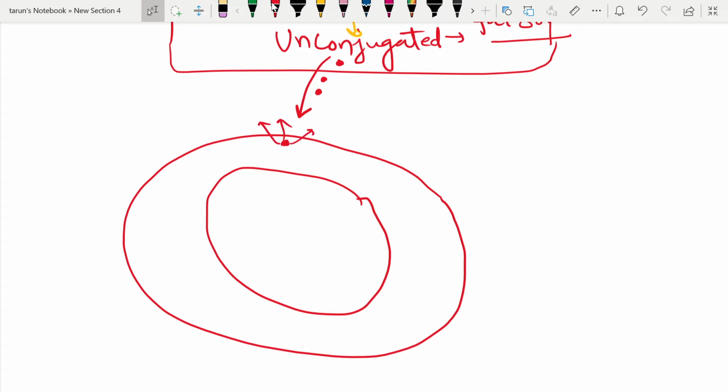So it has to be captured by albumin. It combines with the albumin, which I am drawing now. This is albumin. It captured the unconjugated bilirubin.